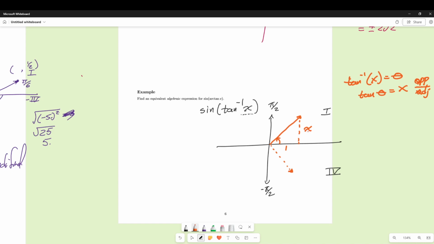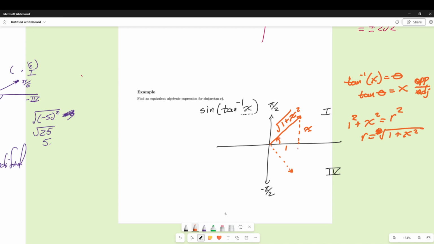And if that's 1 and that's x, a little Pythagorean theorem will give us this other side. So 1 squared plus x squared will equal our r squared. So r is technically plus or minus the square root of 1 plus x squared, but because r is a radial value, the r's are always positive, so we can use the square root of 1 plus x squared, whether x was negative or positive.